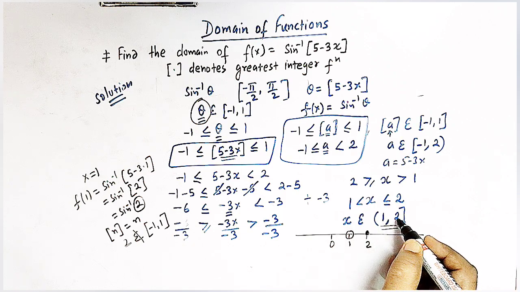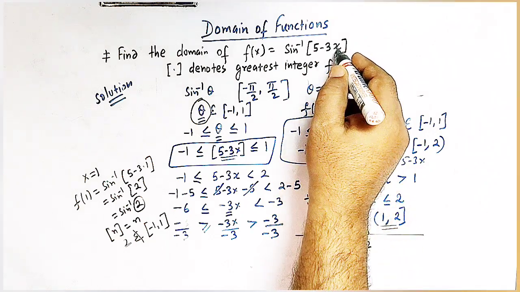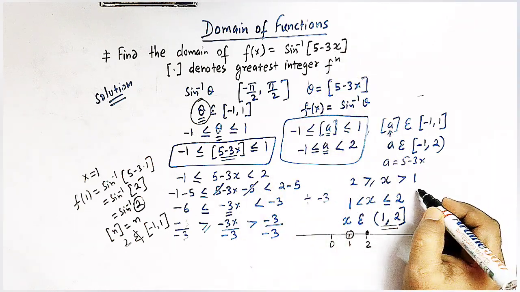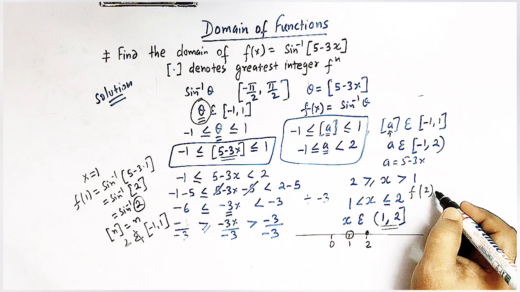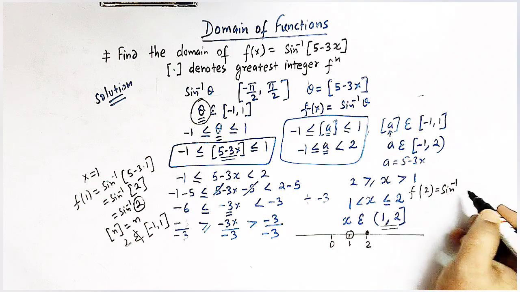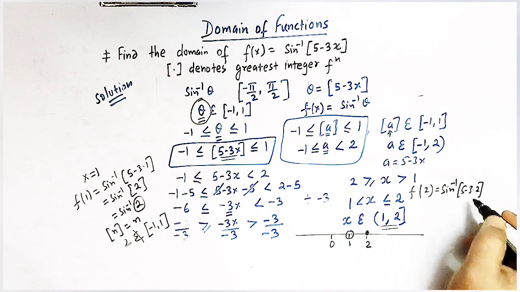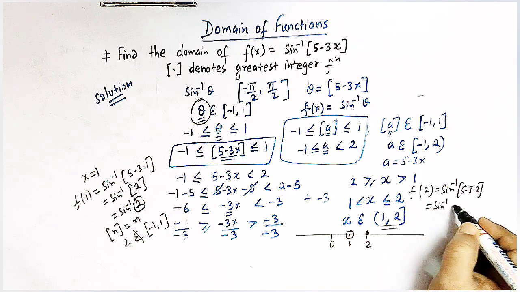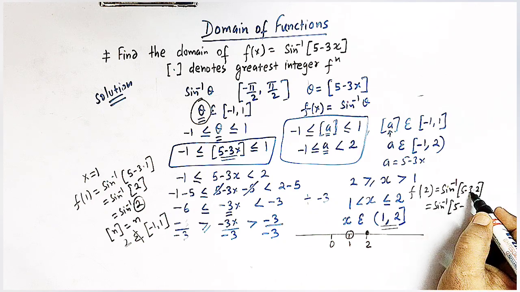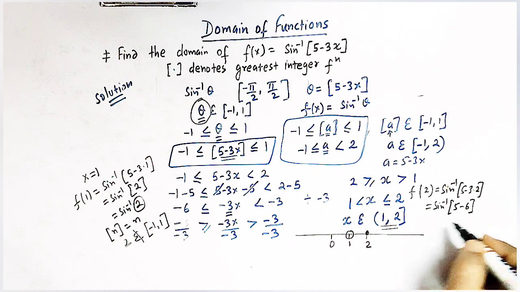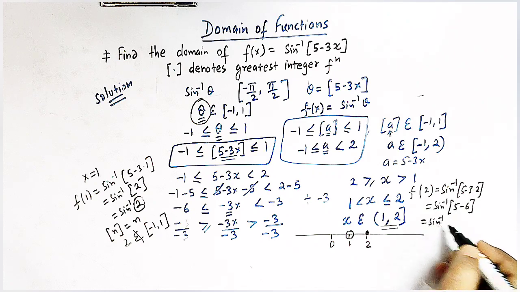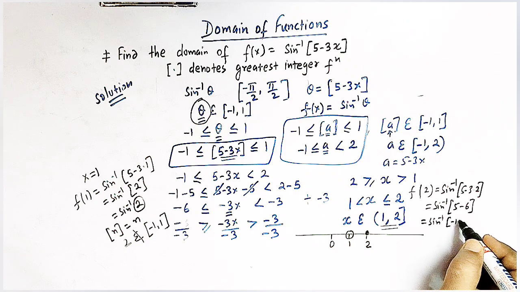But 2 is included, because if we take x equal to 2, then f of 2 is equal to sine inverse greatest integer of 5 minus 3 times 2. So 3 times 2 is 6, and we have sine inverse, greatest integer of 5 minus 6, which is greatest integer of minus 1.